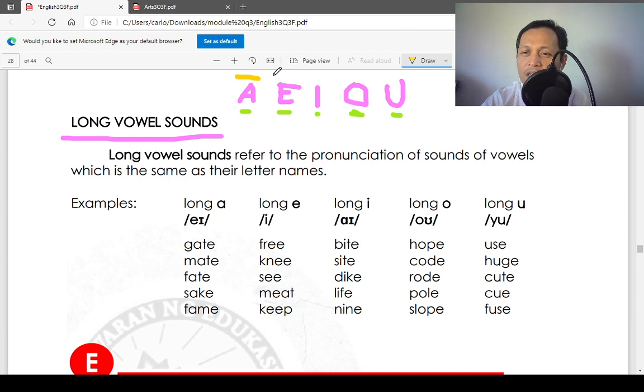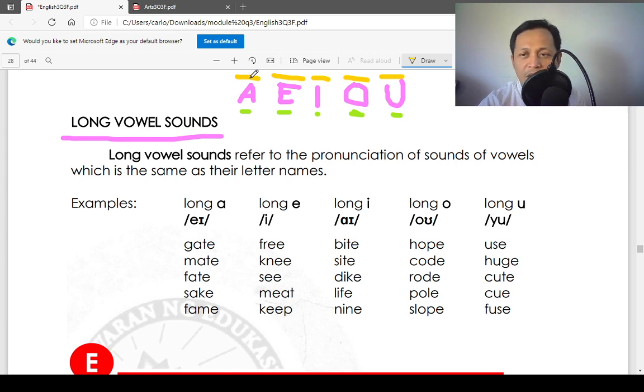A, E, I, O, U. Okay? Please take note that the sound of the letter name is longer than the phonetic sound or the actual sound of the letter if it is going to be read in a word.